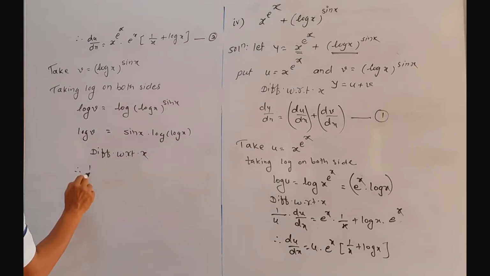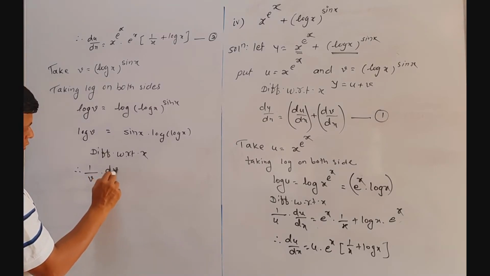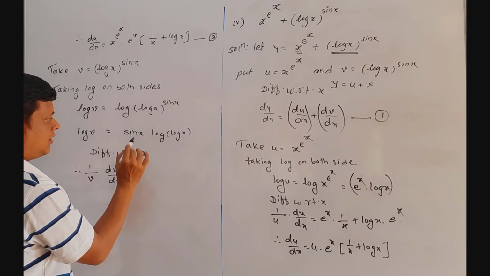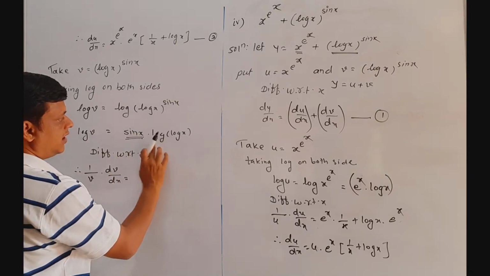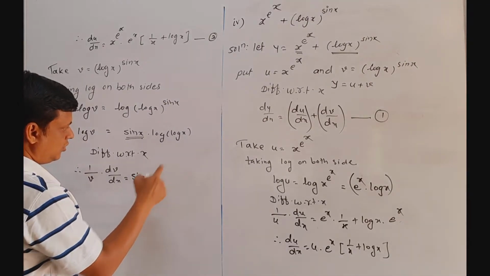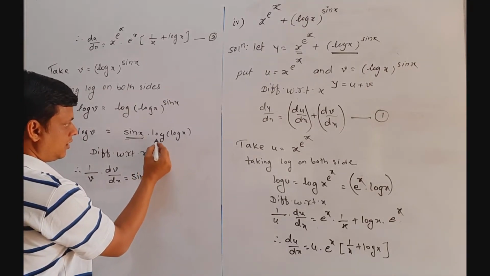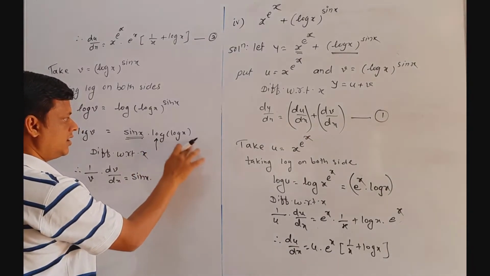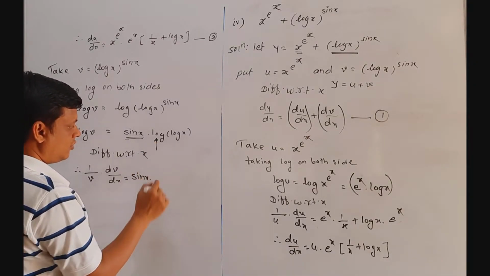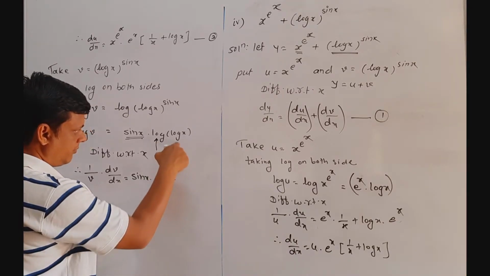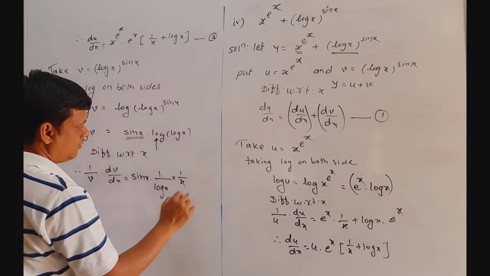The derivative of log v is 1 by v into dv by dx is equal to, here we have to apply the product rule. First function is sin x, second function is log of log x. So first function into derivative of second. This log is a composite function, the outer function is log, the inner function is log x. So find the derivative of the outer function: we get 1 upon log x into the derivative of the inner function, that is, the derivative of log x is 1 by x.